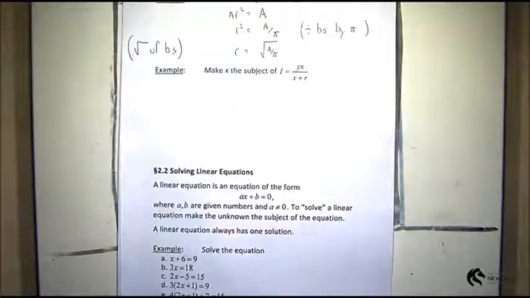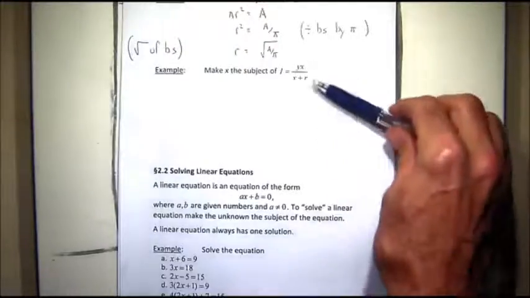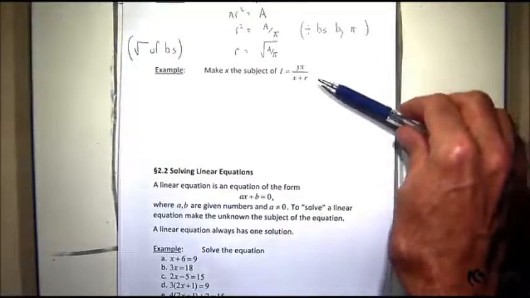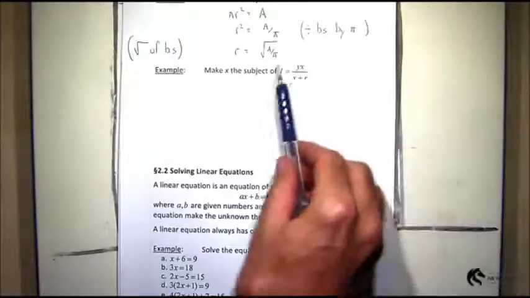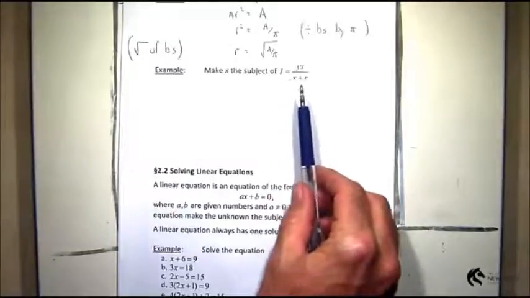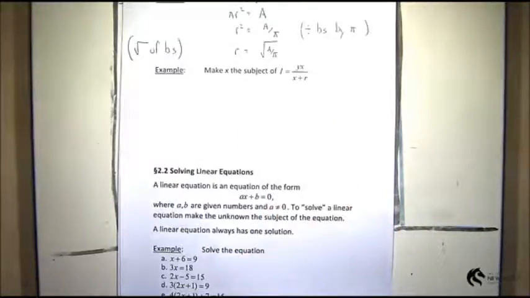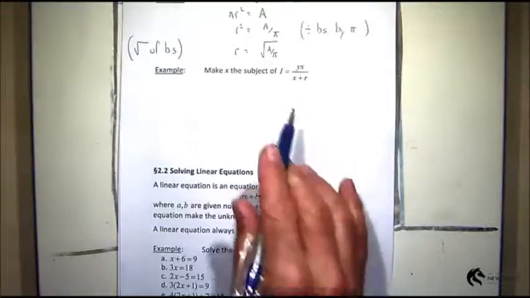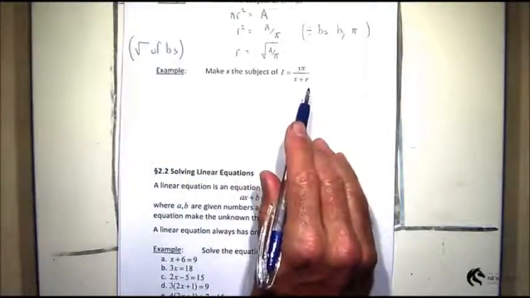This next one's a little bit more complicated. It says make X the subject, and I have an algebraic fraction over here on the right-hand side. And that's a little bit awkward to work with. So my first task in this case is to get rid of the algebraic fraction because I can't do anything else with that. So what I'm going to do is I'm going to multiply both sides by the denominator here.